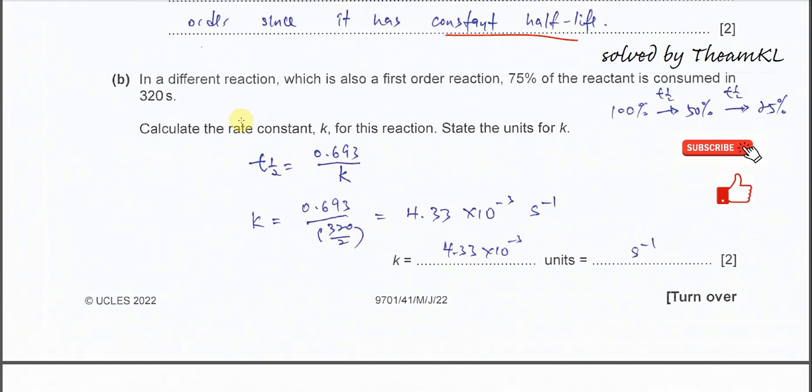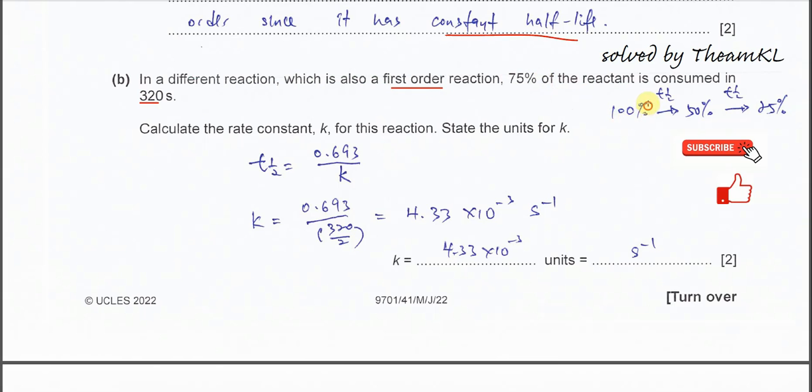Part B. In a different reaction, which is also a first order reaction, 75% of reactant is consumed in 220 seconds. So this one you have to understand. 75% of reactant consumed means 25% remains.